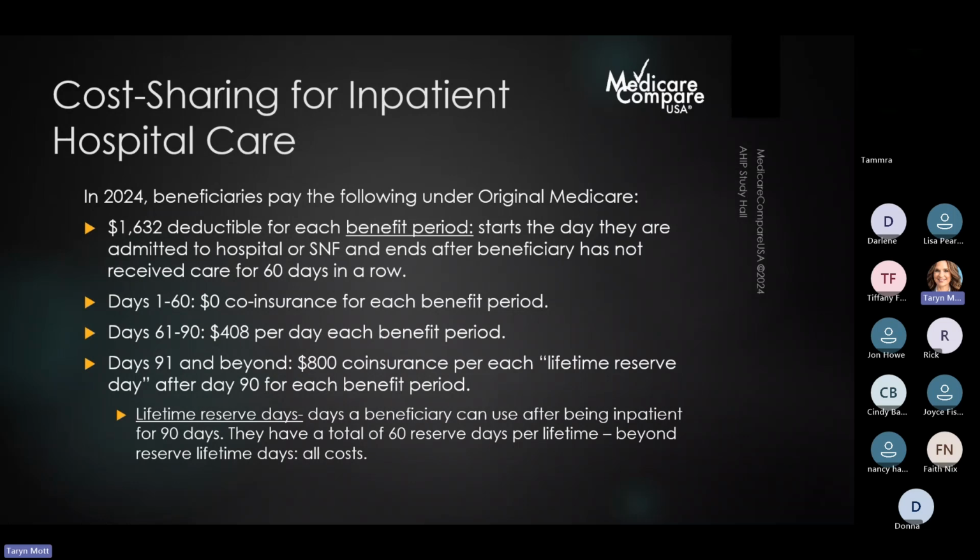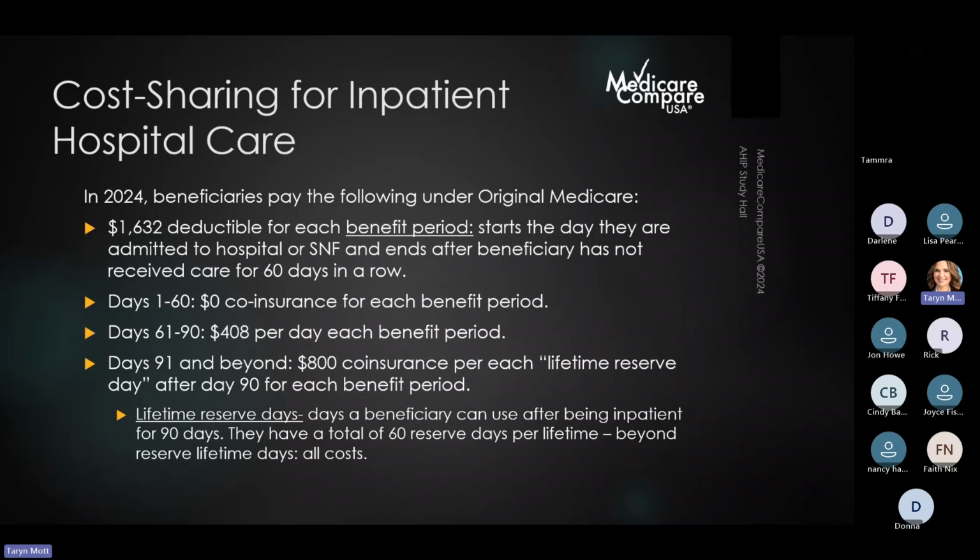In 2024, beneficiaries pay the following under original Medicare Part A. $1,632 deductible for each benefit period, which starts the day they are admitted to the hospital or skilled nursing facility and ends after the beneficiary has not received care for 60 days in a row.